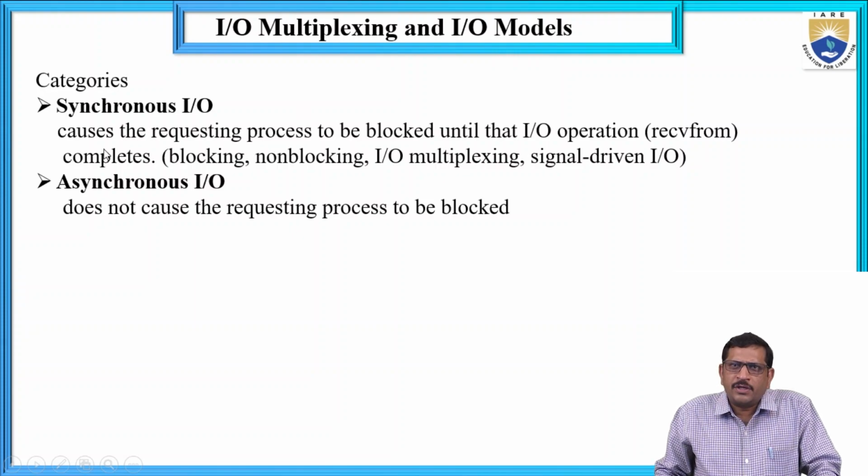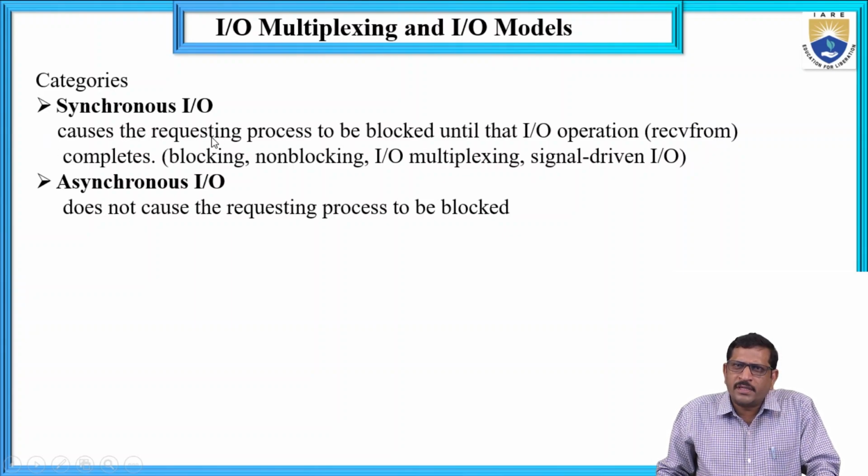One is synchronous input output, which causes the requesting process to be blocked until the input output operation is completed. That includes blocking, non-blocking, IO multiplexing, and signal driven input output.